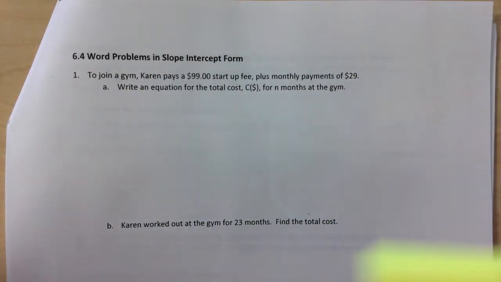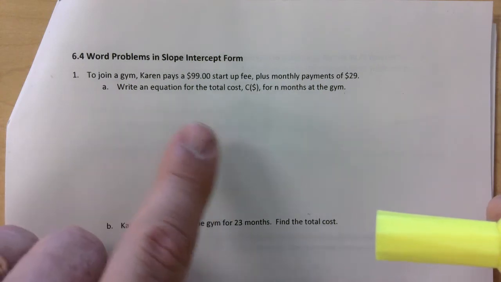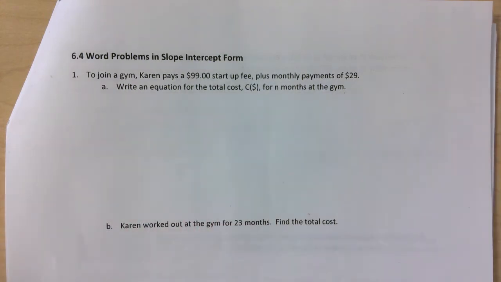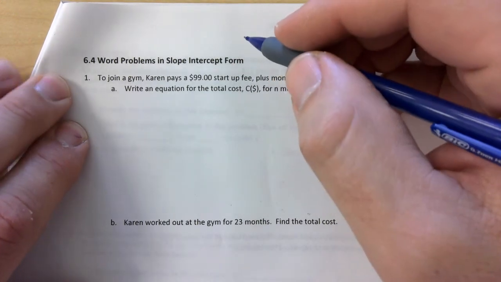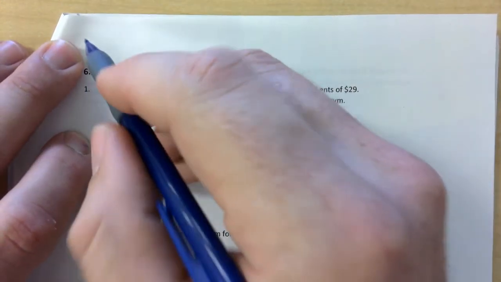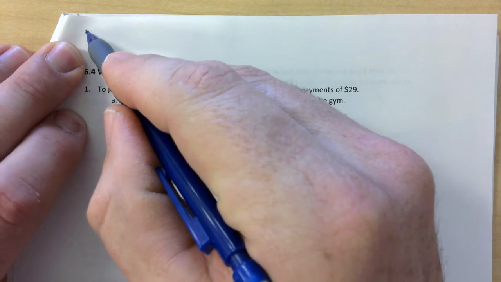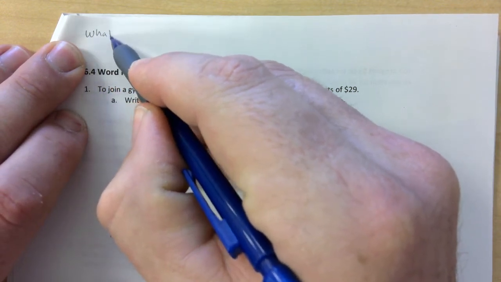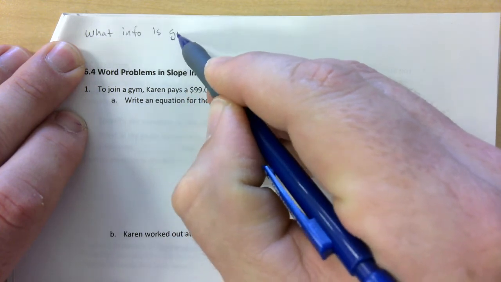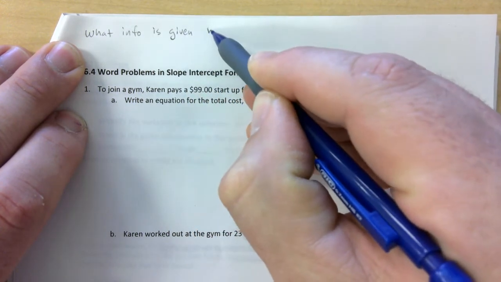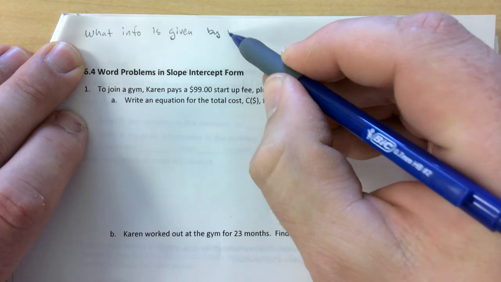So you kind of want to read the question and see what information is given. Maybe at the top here, I'll just say, what info is given by the word problem?